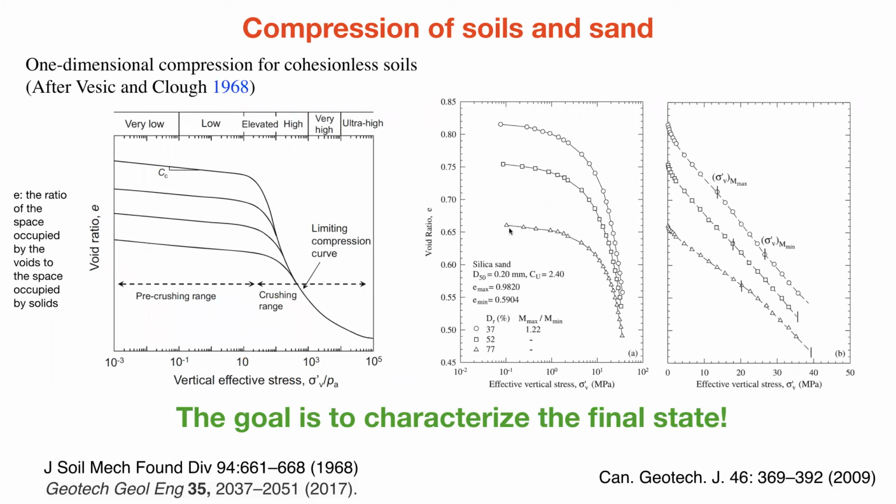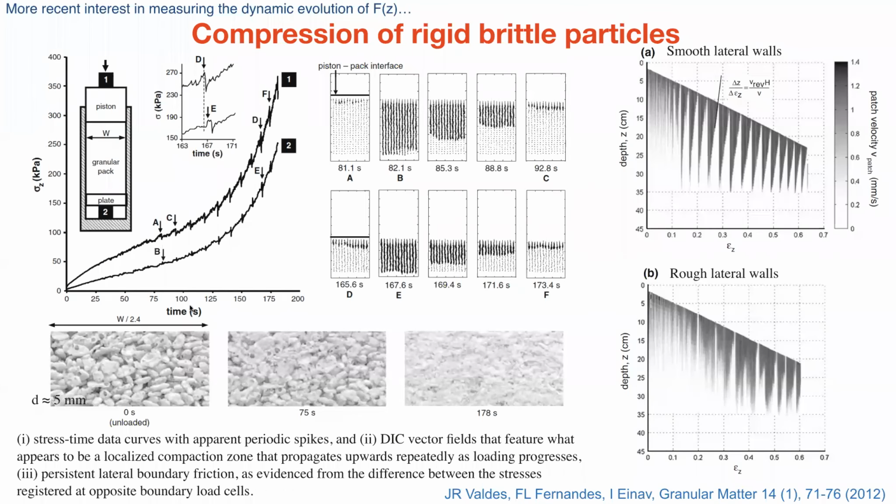But what is important in this kind of plot is to characterize the final state of the system. But more recently, people have been interested in measuring the dynamic evolution of the stress during compression of the granular sample.